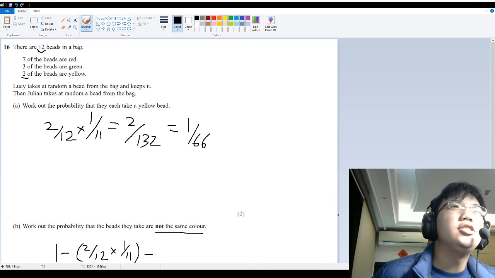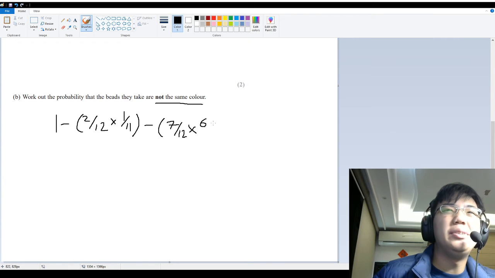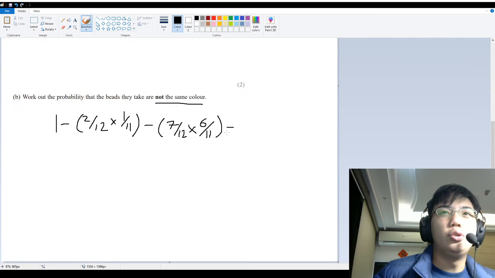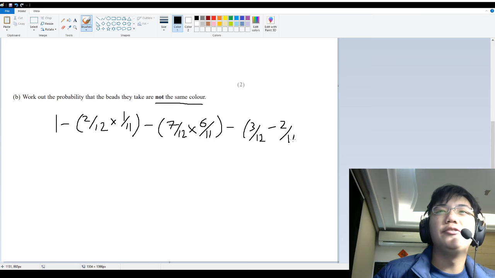Take away the chance that both beads taken are red, so 7 red beads over 12 total beads times 6 red beads left after 1 red bead removed over 11 beads with 1 bead removed. And then minus the chance that both of the beads are green, so the same principle: 3 green beads over 12 beads times 2 green beads left after 1 removed over 11 beads left.